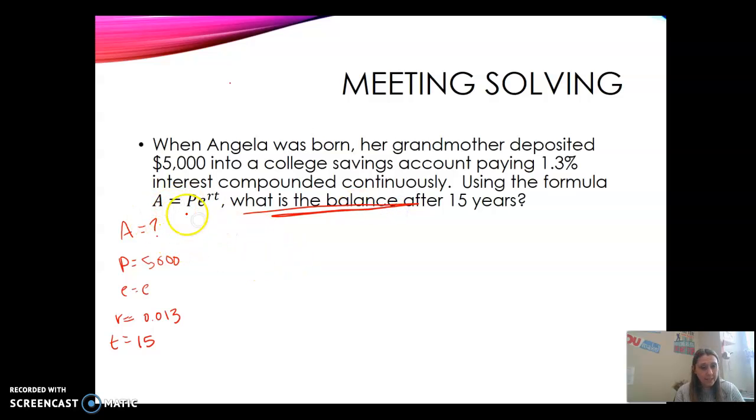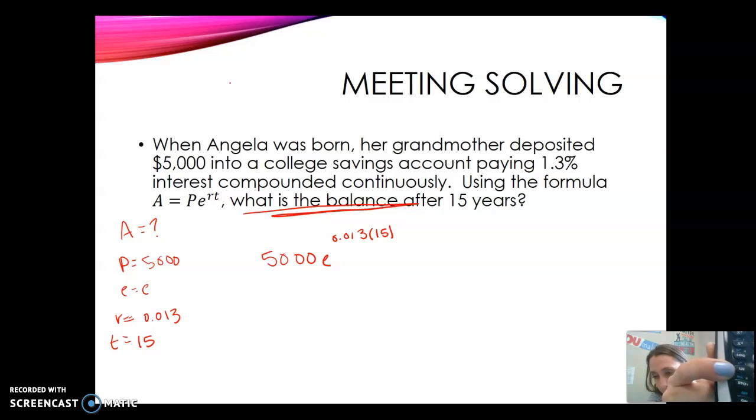So if the formula is this, I just have to type in my calculator 5,000 times e to the 0.013 times 15. We plug all of that in our calculator, and that gives us an ending balance. So go ahead and do that now. When I plug that in, I type in 5,000, and then I do second natural log, which is the button right next to the 4, and that gives you e to the x, which allows you to type in all of that.